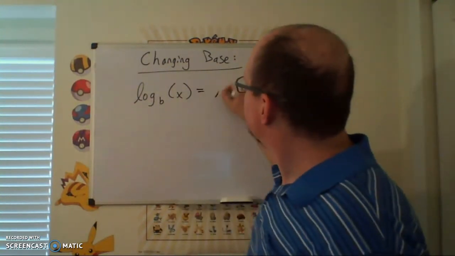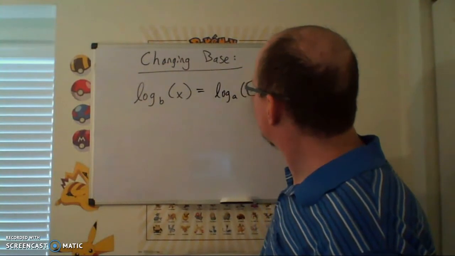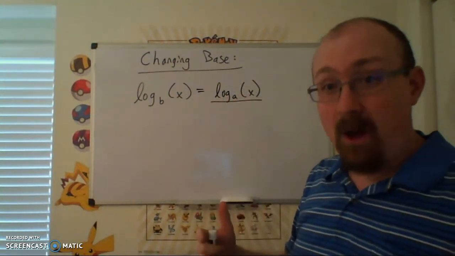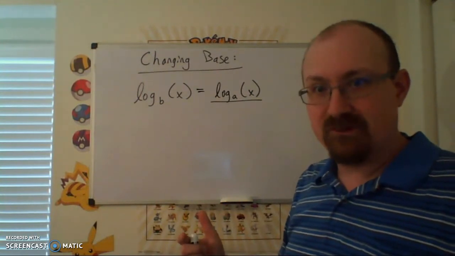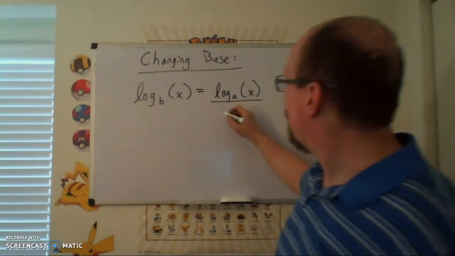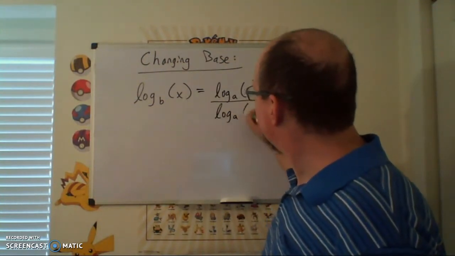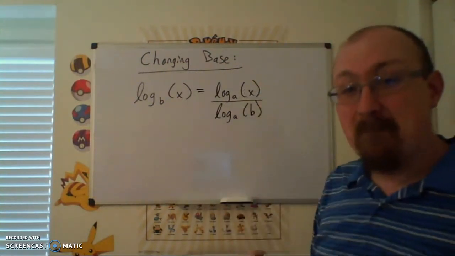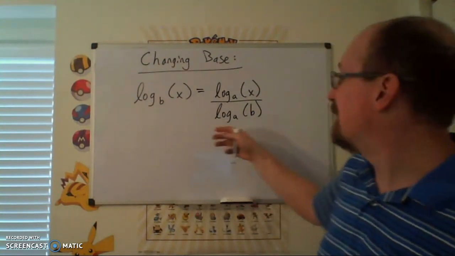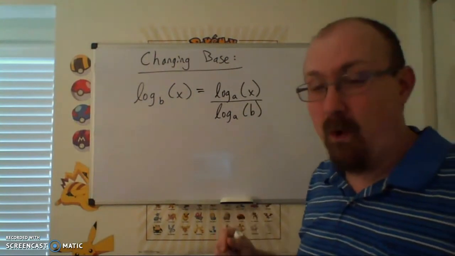As it turns out, we can work out the base a log of the number that we're interested in, the x, and that's not an underline, that's actually a division bar, because underneath it we're going to have the base a log of whatever this other logarithm base is. So it turns out we really only need one.